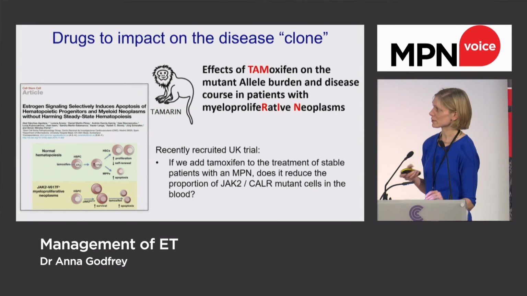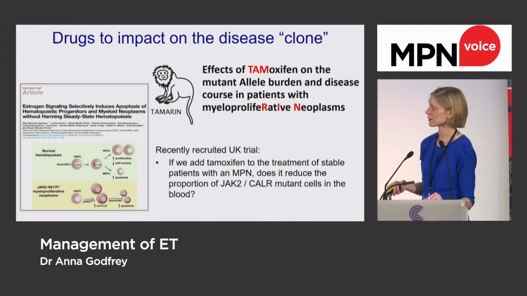So the question in our recent trial in the UK was, if we add tamoxifen to the treatment of stable patients who have an MPN, can we reduce the proportion of cells that have the JAK2 or CALR mutation in the blood? We've recently recruited that, so we look forward to seeing the results next year.